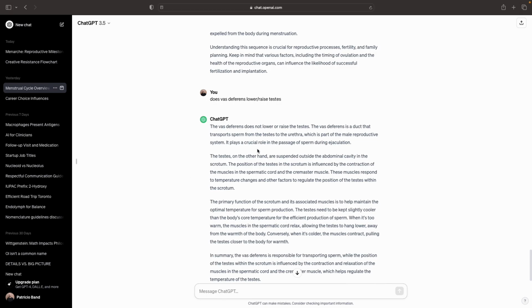Transports sperm from the testes to the urethra, which is part of the male reproductive system. It plays a crucial role in the passage of sperm during ejaculation. The testes, on the other hand, are suspended outside the abdominal cavity in the scrotum.